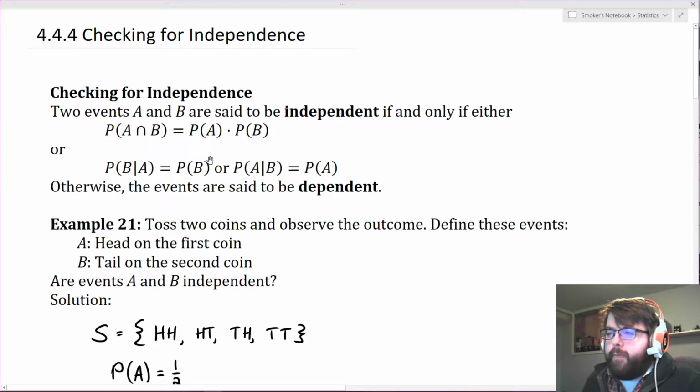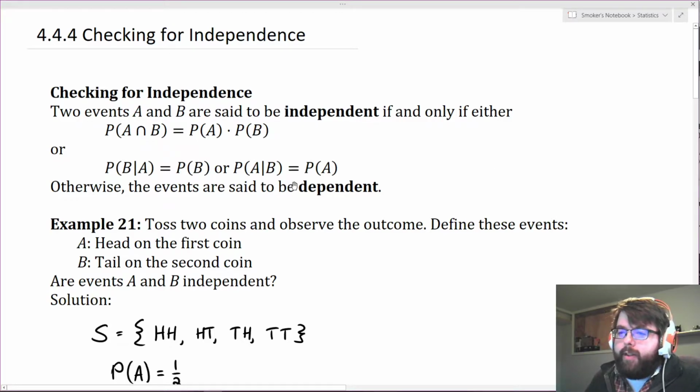Another way you can test for independence is if the probability of B given A is simply the probability of B. So the given A doesn't affect the outcome of B. In the coin toss scenario, the probability that you get heads on the second coin, given that you got heads on the first coin, is still just 1/2. But in the basket situation, the probability of the second red is going to be 1/9 and not 1/5, 2/10, any longer.